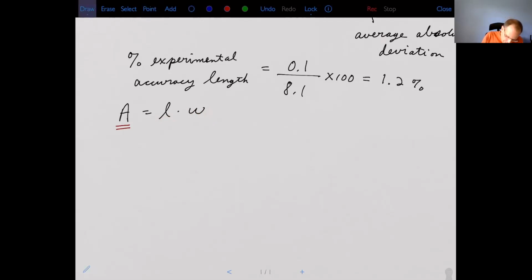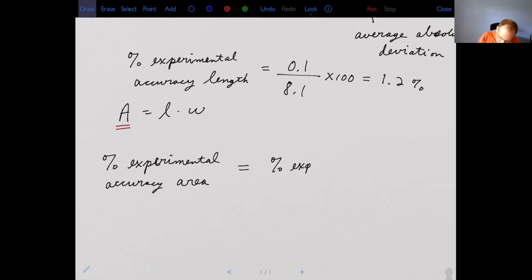So if I want to find the percent experimental accuracy for area, since my formula for area involves multiplying length times width, that means I have to add the percent experimental accuracy for length plus the percent experimental accuracy for width.